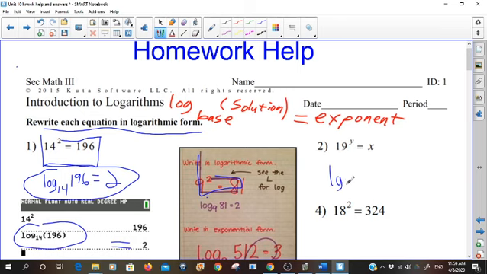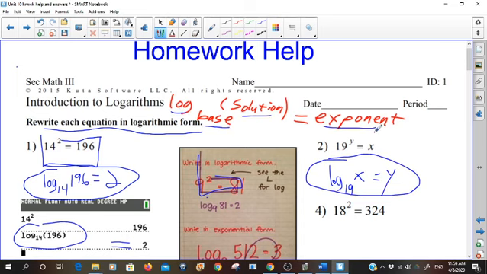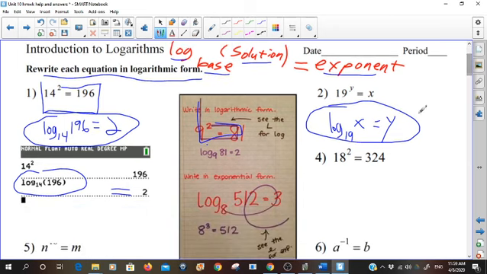So log base 19 of our solution x equals our exponent y. And there's our answer to number 2. So again, the formula is log base of the solution equals the exponent, right? So you give it a try. We'll do one more to show you how easy these are.